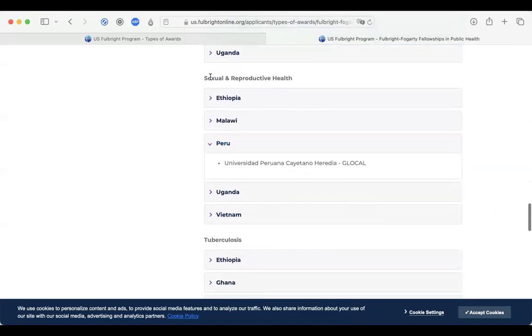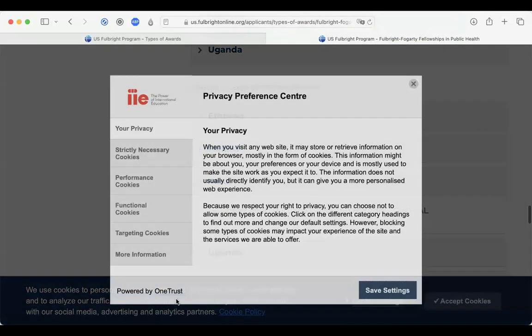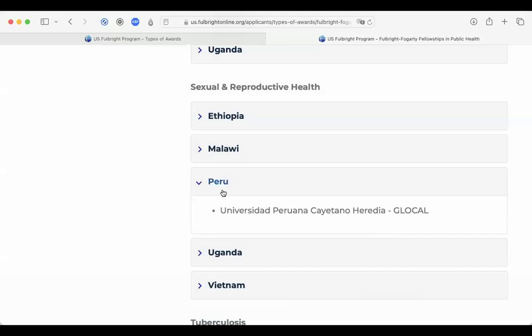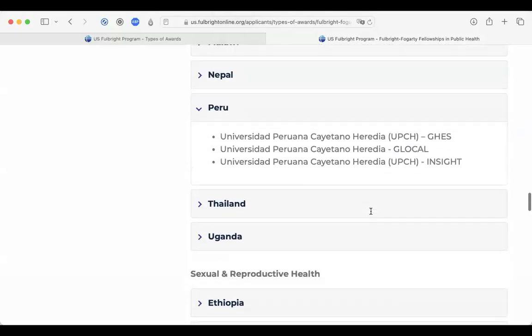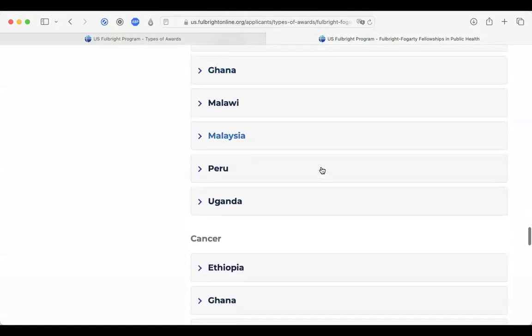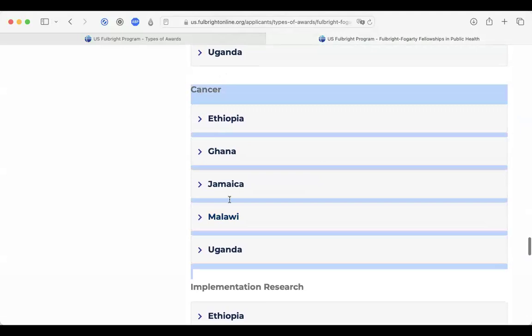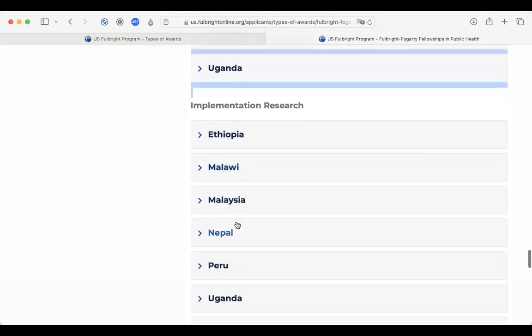You'll see that here for sexual and reproductive health, we see that there's only one of these universities that has signed up for that, where we have multiple branches as there. So it's something to keep in mind if there's a particular interest of yours. Cancer, for example, Peru is not one of the options there.